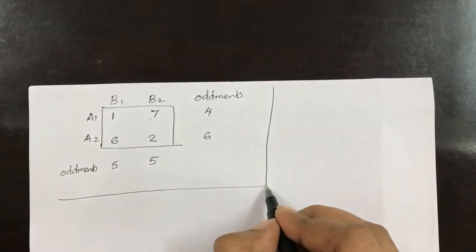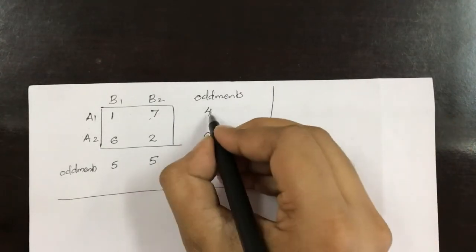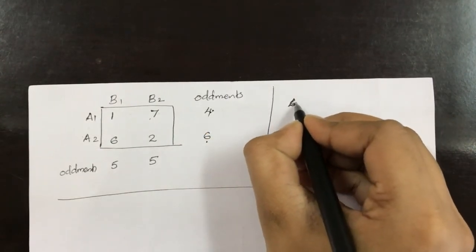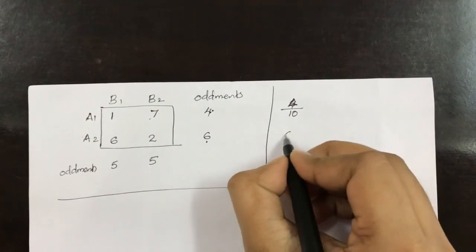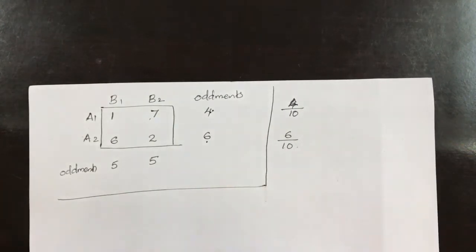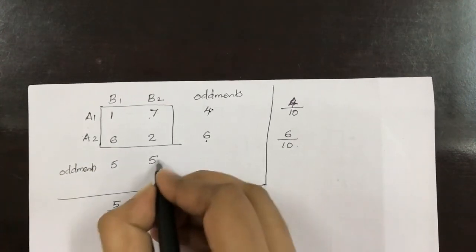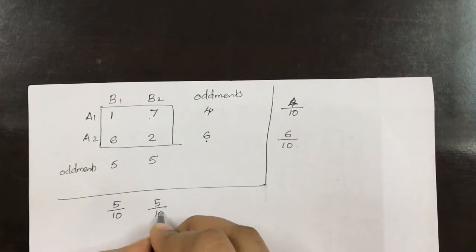Then the probabilities: 4 divided by 6 plus 4, that is 4 by 10 and 6 by 10. For columns, 5 divided by 5 plus 5, 5 by 10 and 5 by 10.